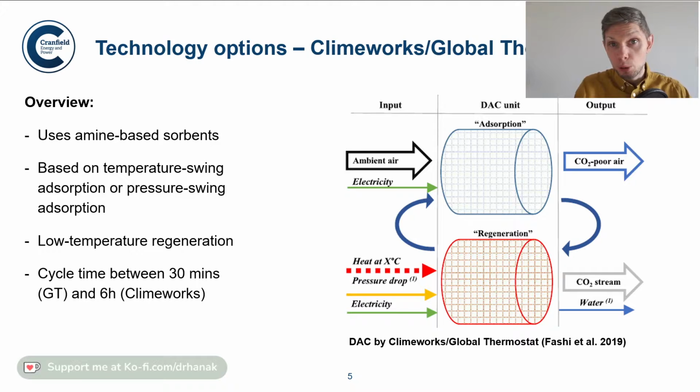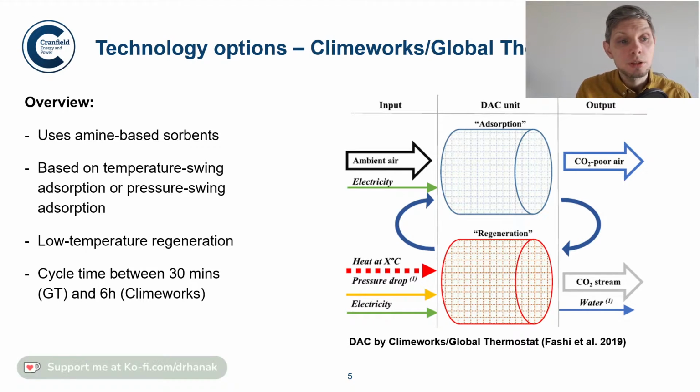Another option is low-temperature direct air capture, where you've got Climeworks or Global Thermostat. They use amine-based sorbents. So instead of using liquid solvents, like in the case of Carbon Engineering, Climeworks and Global Thermostat use amine-based sorbents, solid materials, solid particles, that are regenerated at lower temperature, lower pressure.